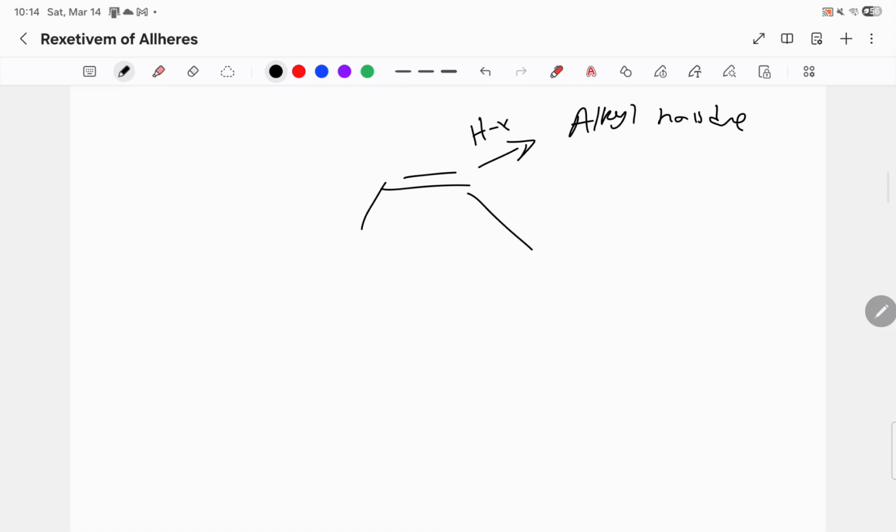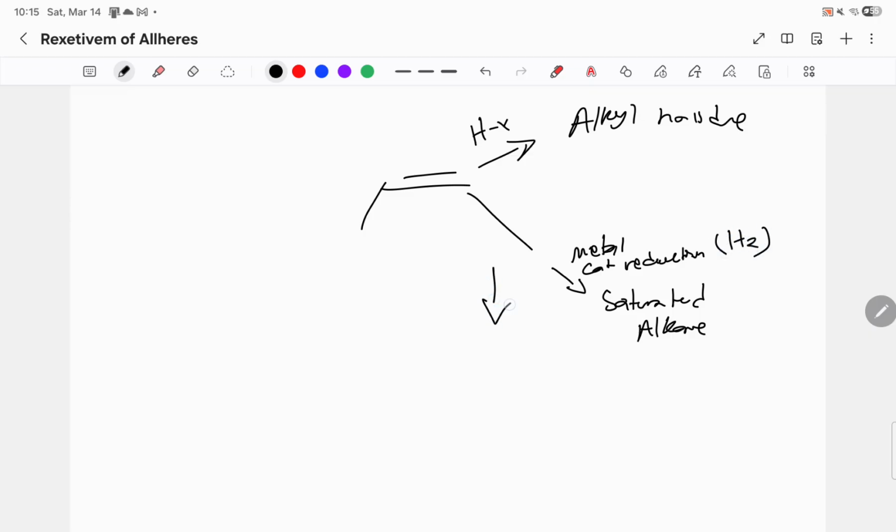I can turn it into a saturated alkane via syn addition by metal catalyst reduction, or hydrogenation, if you will, H2.